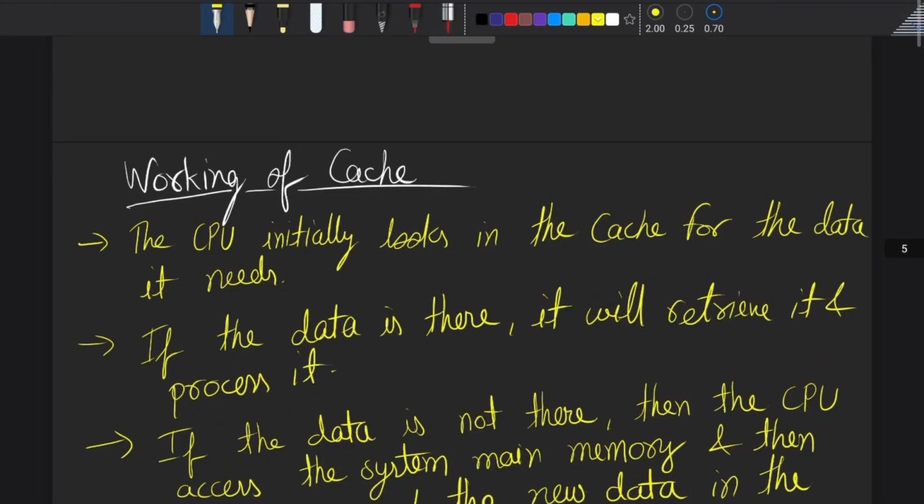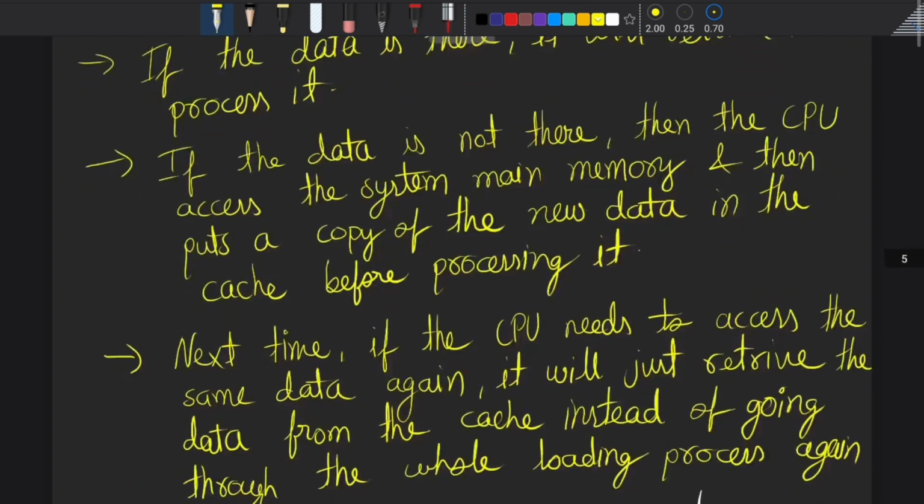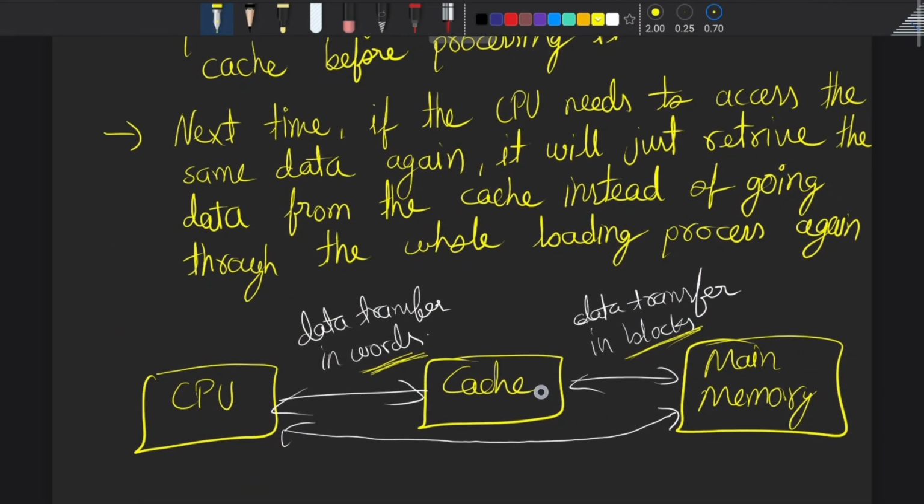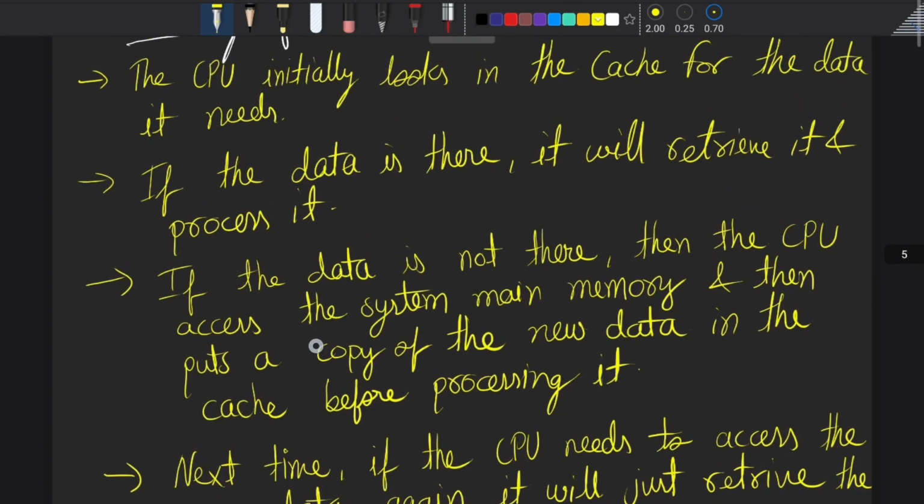So of course, if the data is found in cache, then the CPU will retrieve it from there and process it. But if the data is not there, then the CPU accesses the system main memory. So if the data is not found in cache memory, then the CPU accesses the system main memory, that is this main memory, and then puts a copy of the new data in the cache.